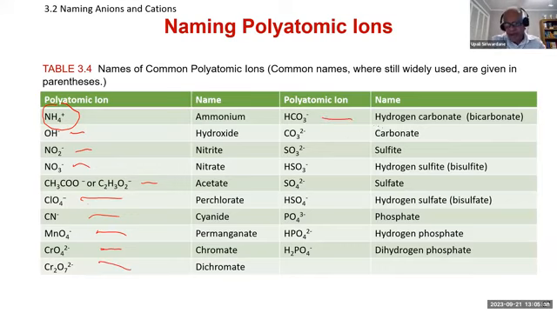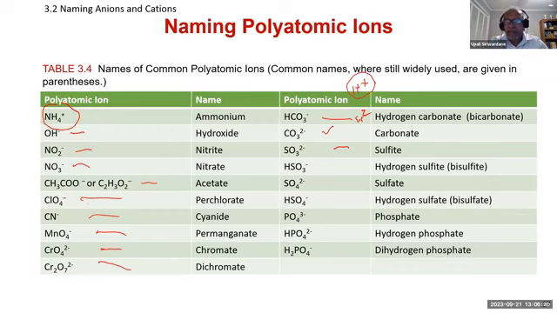Hydrogen carbonate, when it loses one hydrogen plus, becomes carbonate ion. Sulfite is SO3 2 minus. Just like hydrogen carbonate, hydrogen sulfite forms when sulfite reacts with one proton.